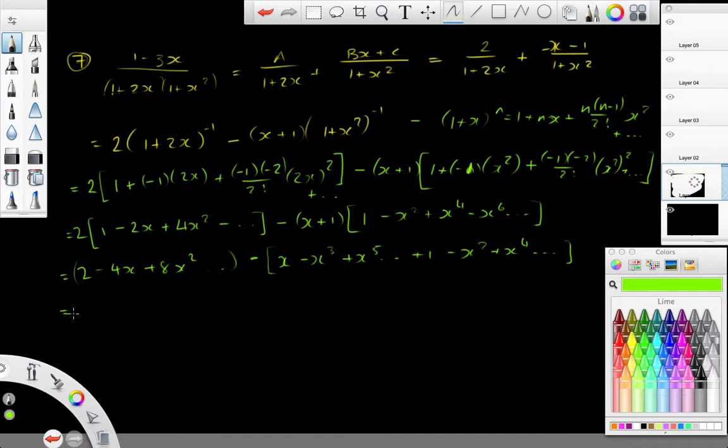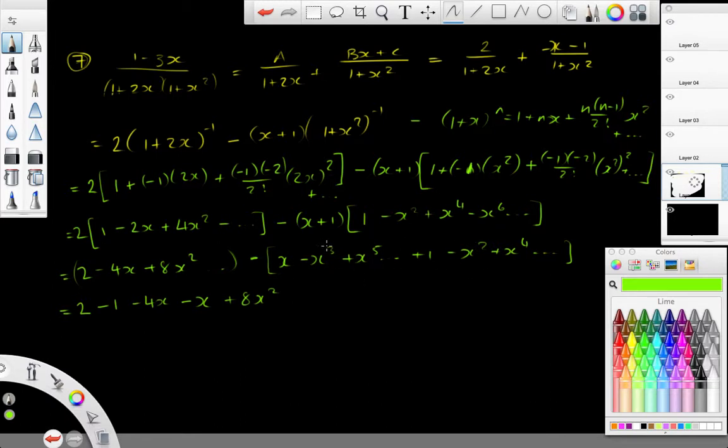And I'm just going to draw together the common things. So I've got 2 here, and then a minus 1. So it's 2 minus 1, minus 4x here, and then I've got a minus x, and then I've got plus 8x squared, and then where are the x squareds here?